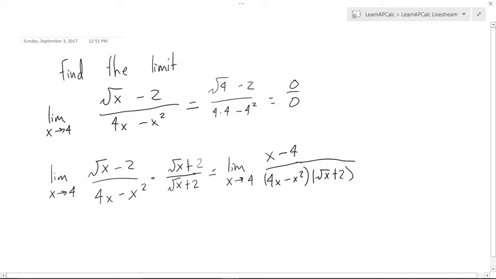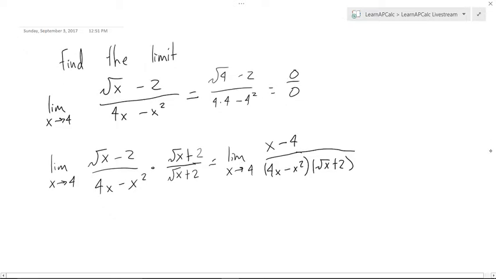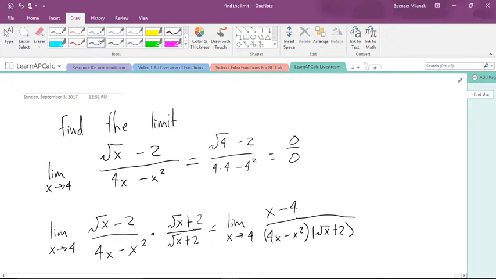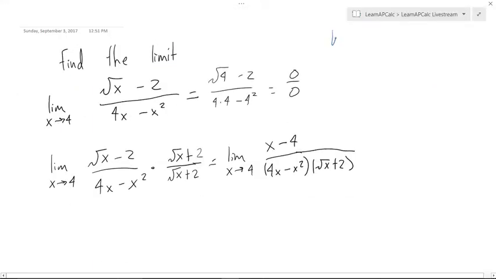Okay, so you might be curious how I'm getting this right here so easily. And this is something called the difference of two squares. I'll write this in a different color. Okay, so difference of two squares, also called DOTS.